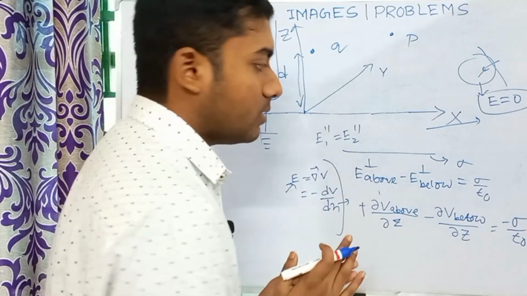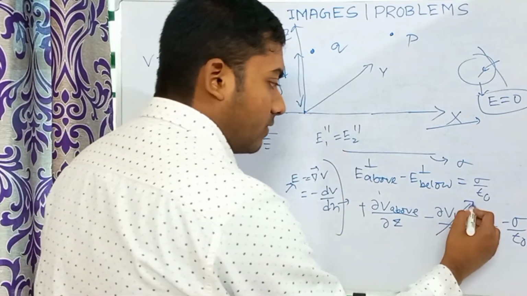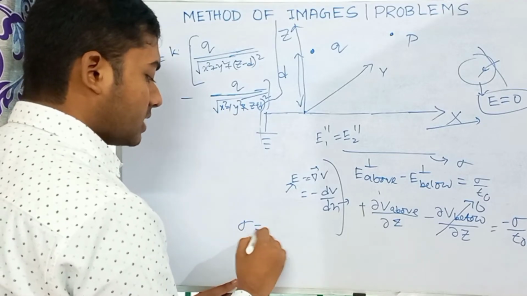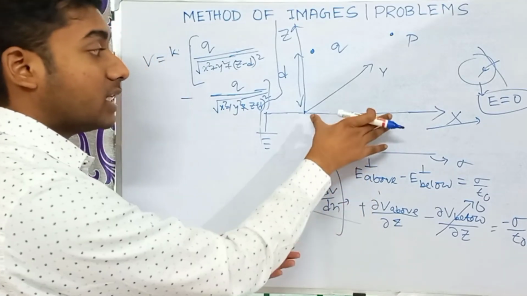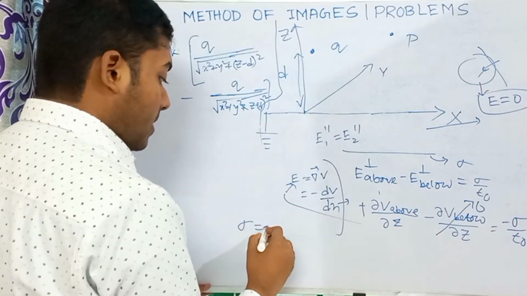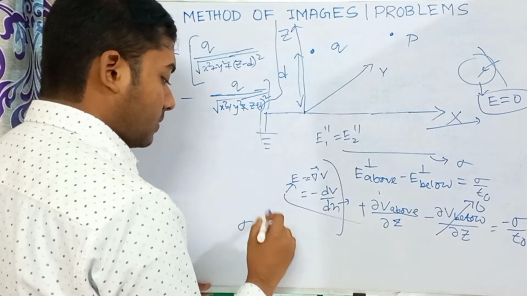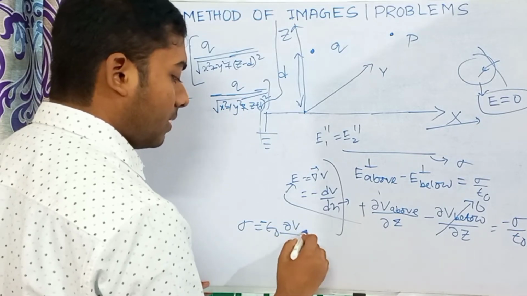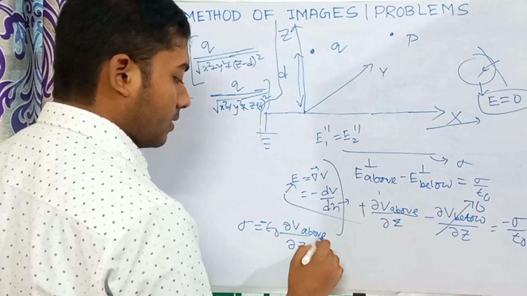So this term will vanish, and from here we get that sigma, the induced surface charge density on this plane, will be equal to minus epsilon naught del v del z above.